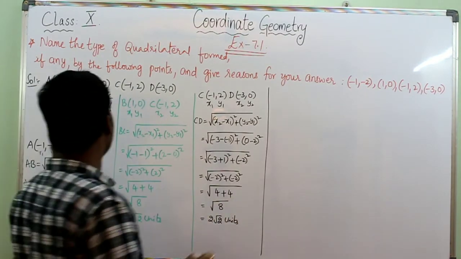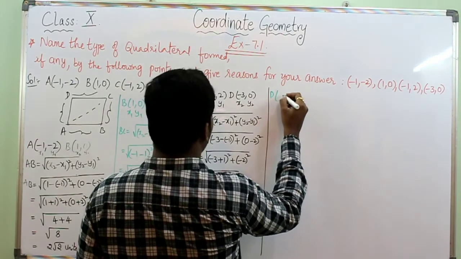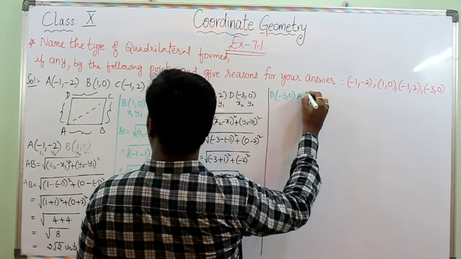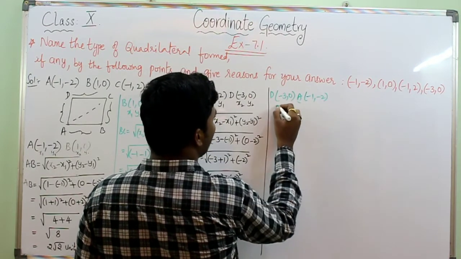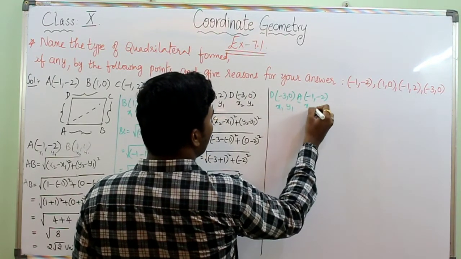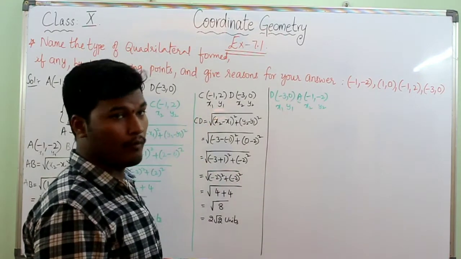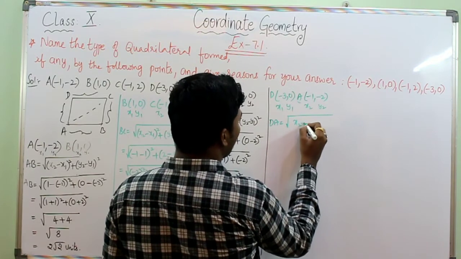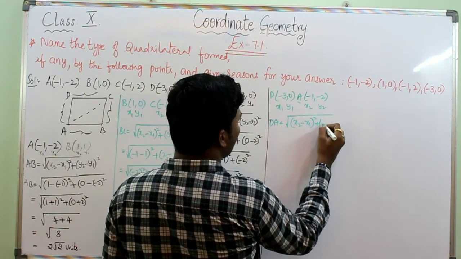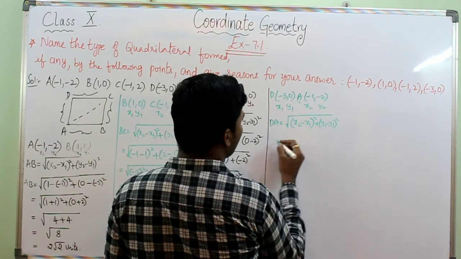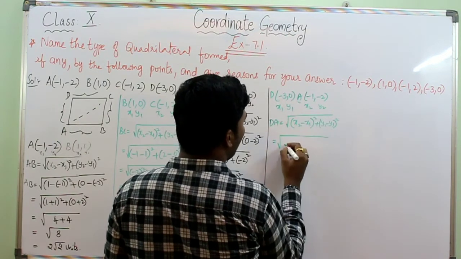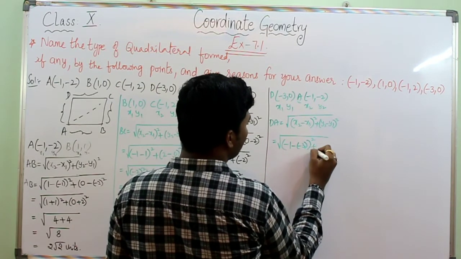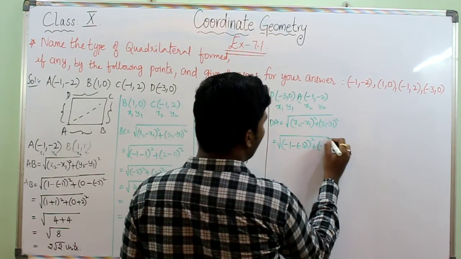Now let us find out DA by considering D point, that is (-3, 0), and A point as (-1, -2). Again name them as x1 y1 and x2 y2. Now DA is equal to square root of (x2 minus x1) whole square plus (y2 minus y1) whole square. This implies square root of (-1 minus (-3)) whole square plus (-2 minus 0) whole square.